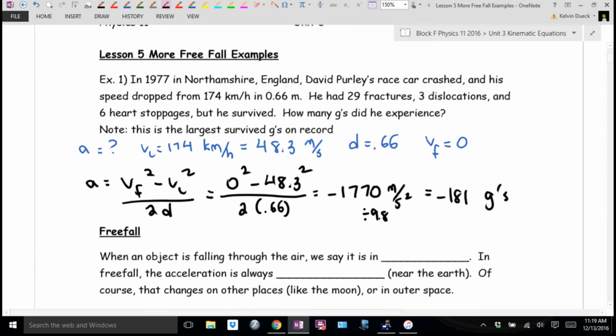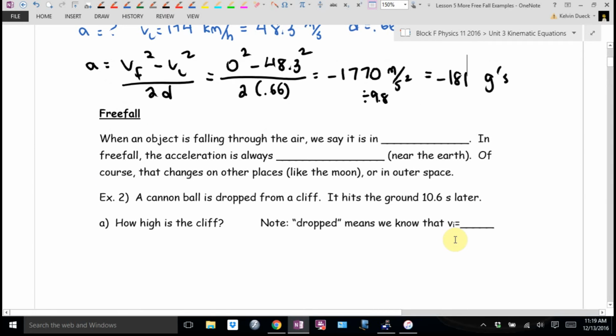Freefall. When an object is falling through the air, we say it is in freefall. I'm not wild about the expression because you're not just in free fall on the way down, you are in free fall on the way up. All free fall means is the only thing that's acting on you is gravity.